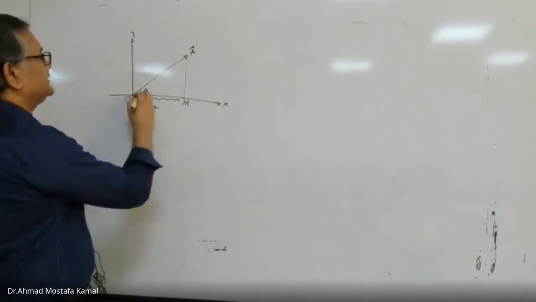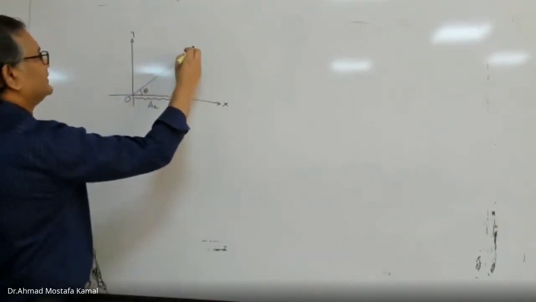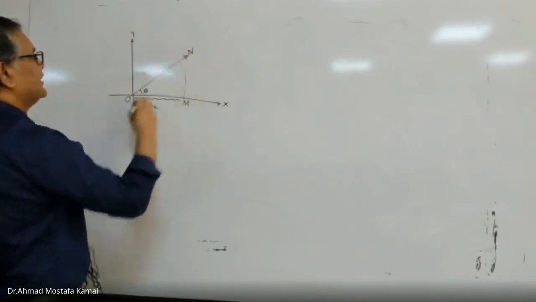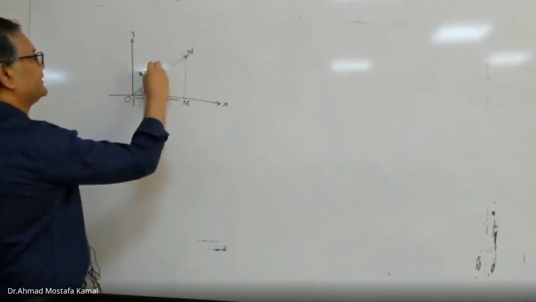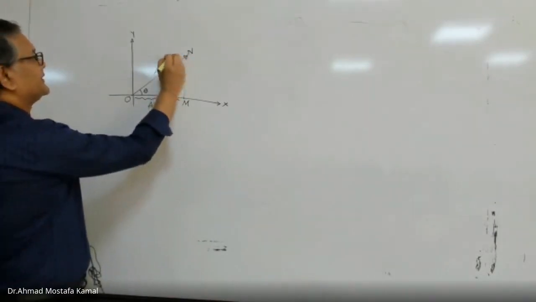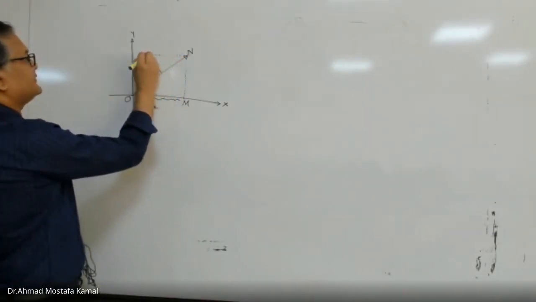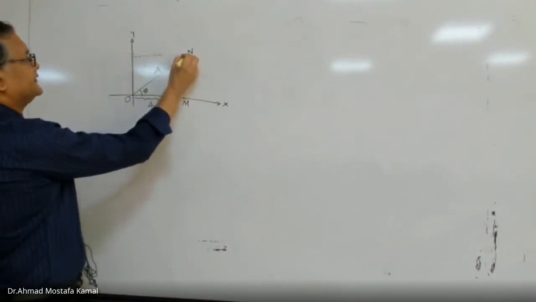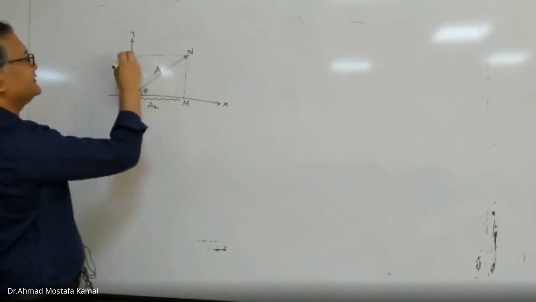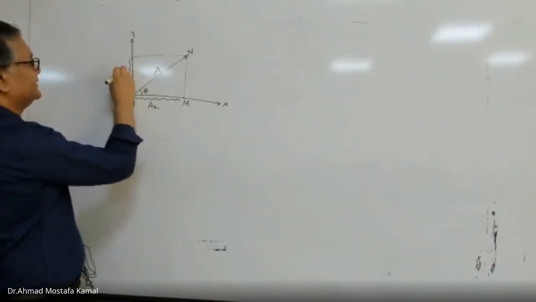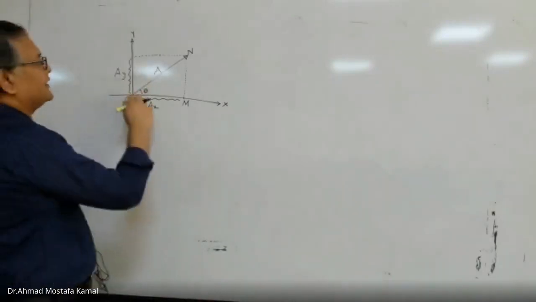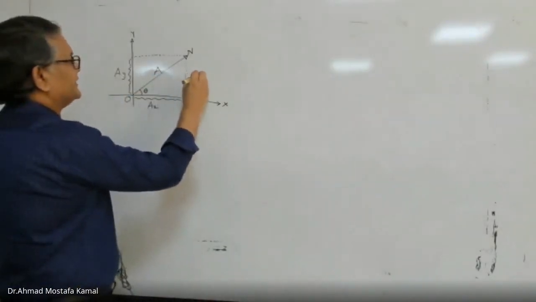If you draw another perpendicular line from the arrowhead of the vector to the y-axis, then this part which is cut by the vector on the y-axis is called AY. You are very familiar with this.